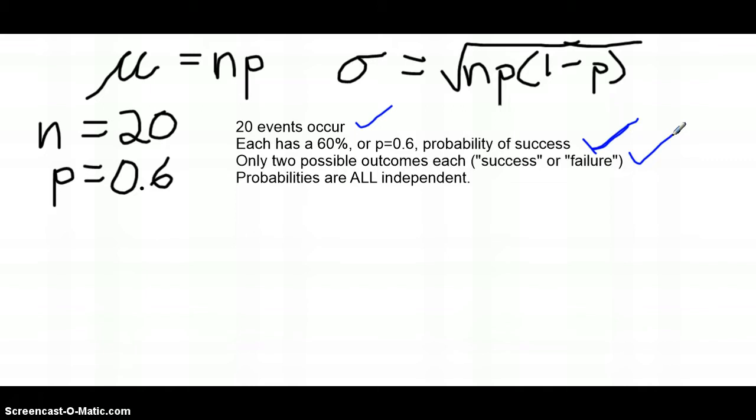In this example, I made it simple: drawing marbles from a bag. We're going to define the marbles as blue and red. I have to have only 2 colors, because otherwise it wouldn't be a binomial experiment. So I defined a blue marble as success and a red marble as failure.